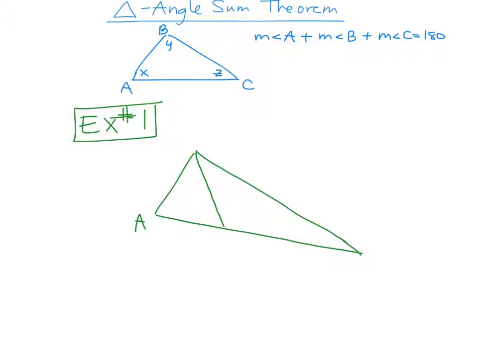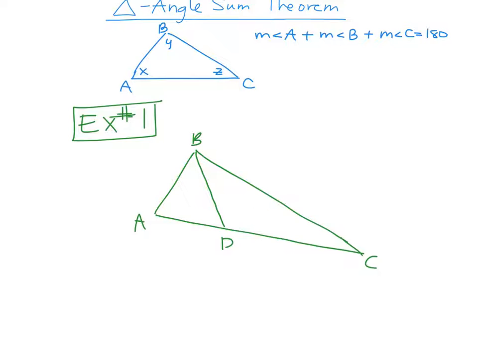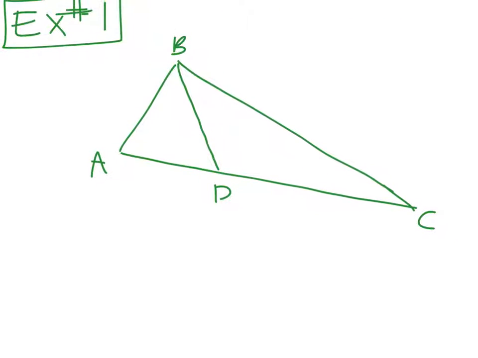If this is A, B, C, and D, what we know in this picture is this is 59 degrees, this is 43 degrees, this is X, this is Y, this is Z, and this one up here is 49 degrees.